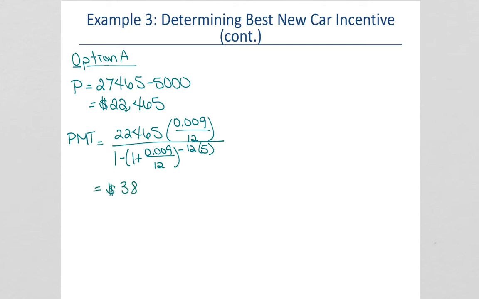So his payment will be $383.04. Before we do anything more with option A, let's take a look at option B.